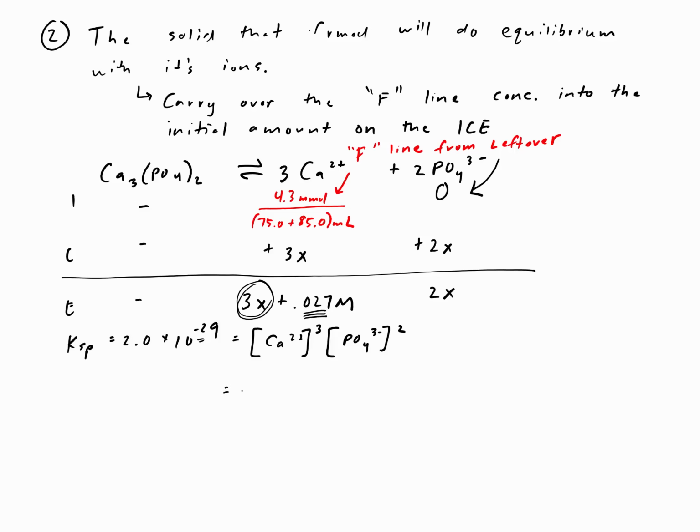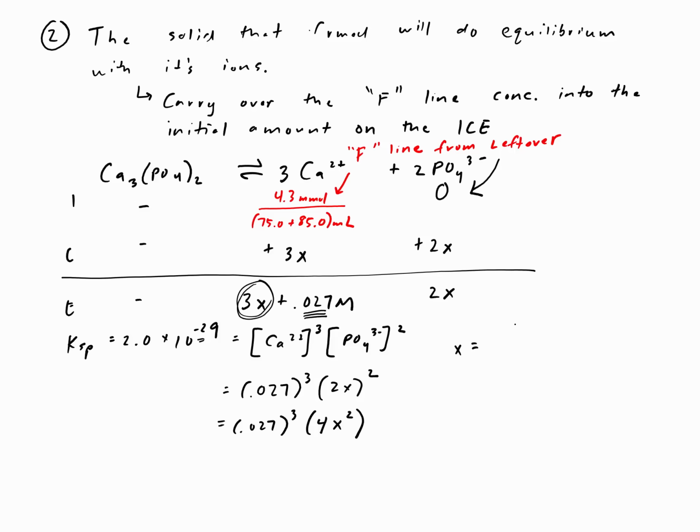So this is going to be 0.027 cubed times 2x squared. Let's do the math out. Square the 2, that'll be 4, and then square the x, so 4x squared. So solving for x, I have this.